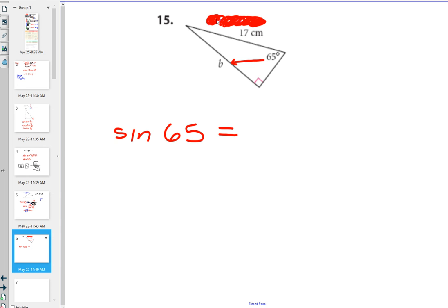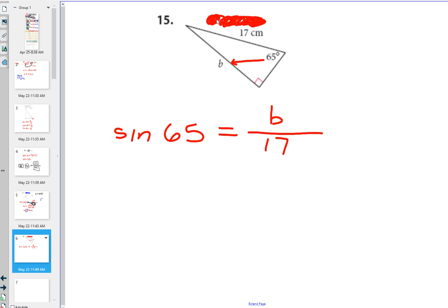And now that I know that I'm using sine, that's when I need to figure out where to put the B and the 17. Because sine is specifically opposite over hypotenuse, the opposite has to go on top. What did we say was the opposite? B. It doesn't matter what trig function we're using; the variable that we're looking for is a side, and that side is located on the top.